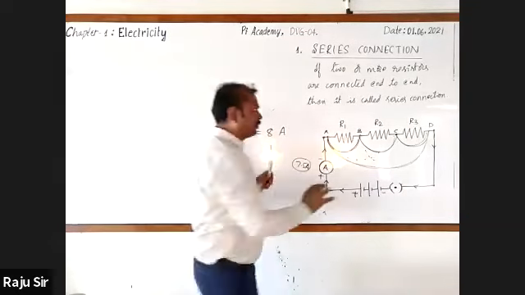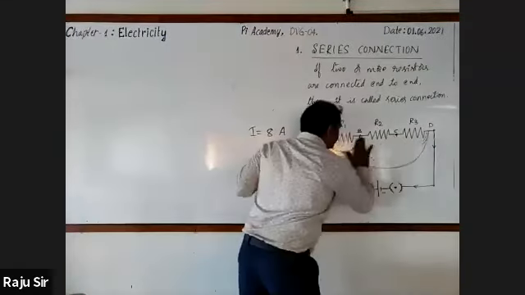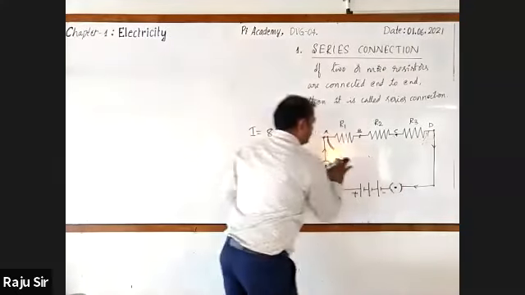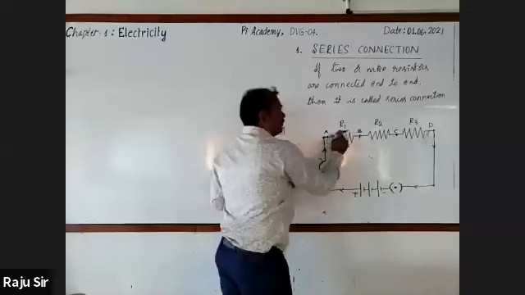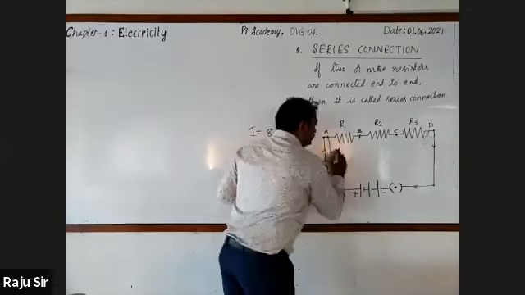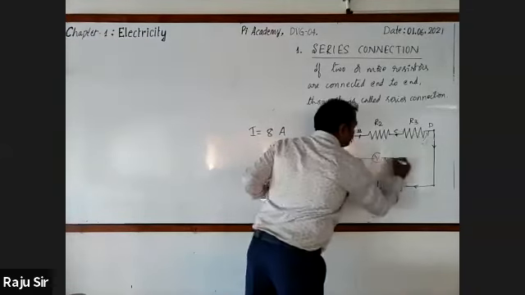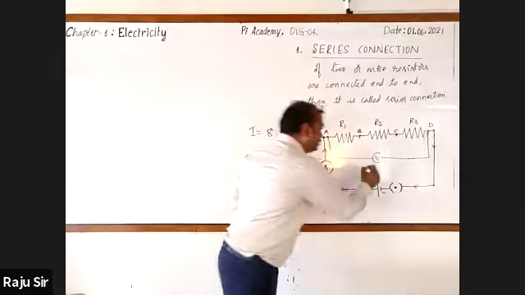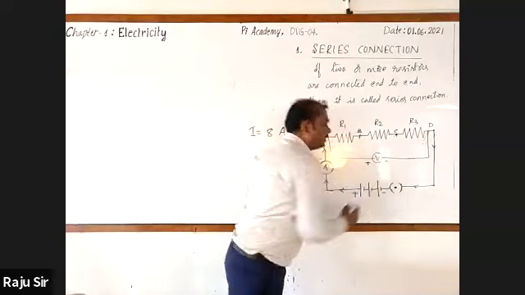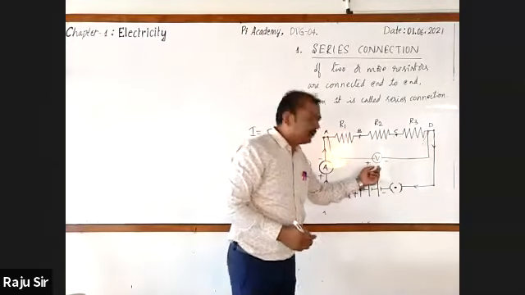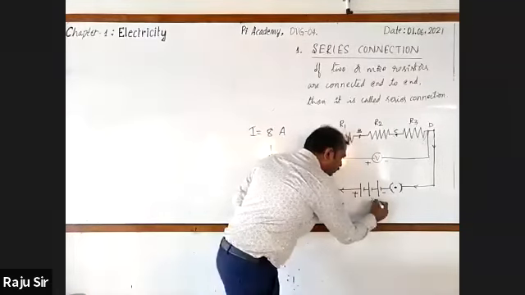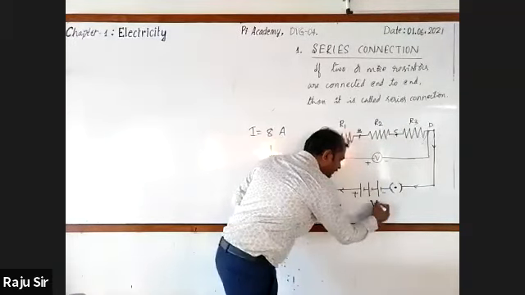Students, do remember, if the voltmeter is connected from A to D and you record the reading, you will come to know that whatever reading is shown in the voltmeter is equal to the voltage of the battery.